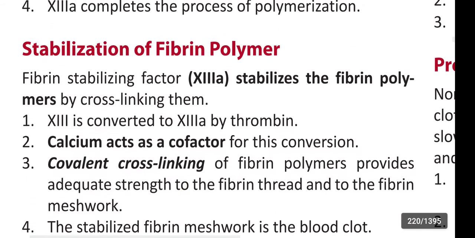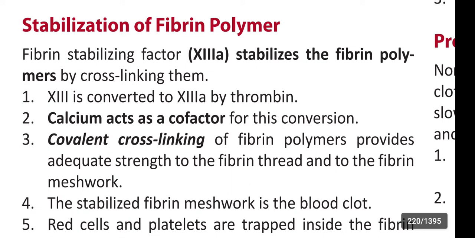Clear guys? Stabilizing of fibrin polymer. Fibrin stabilizing factor, that is activated factor 13, stabilizes the fibrin polymers by cross-linking them. The factor 13 is converted to activated factor 13 by thrombin.